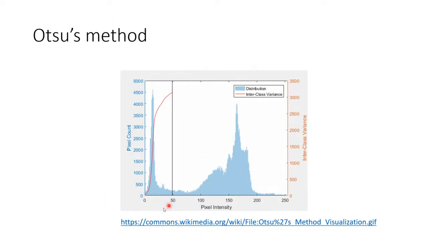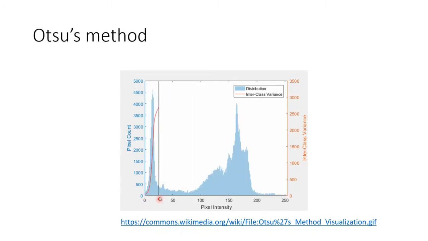The red line here is the interclass variance. This is the distribution of the image. Interclass variance is what the person who generated this called the between-class variance. It's the same concept. Let's see that again.